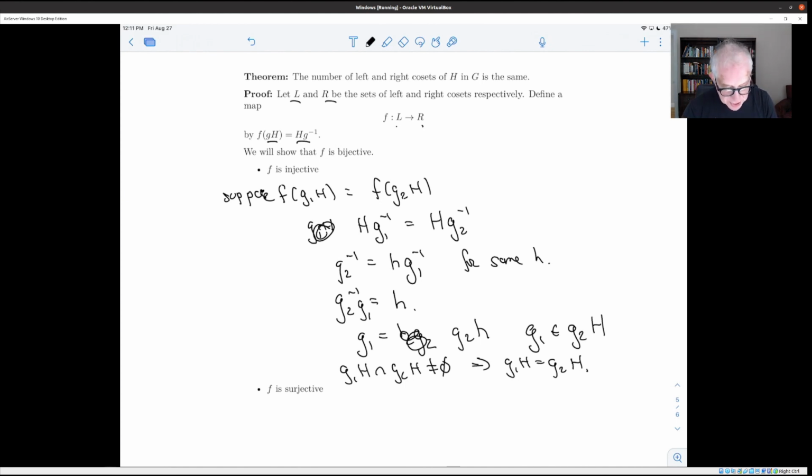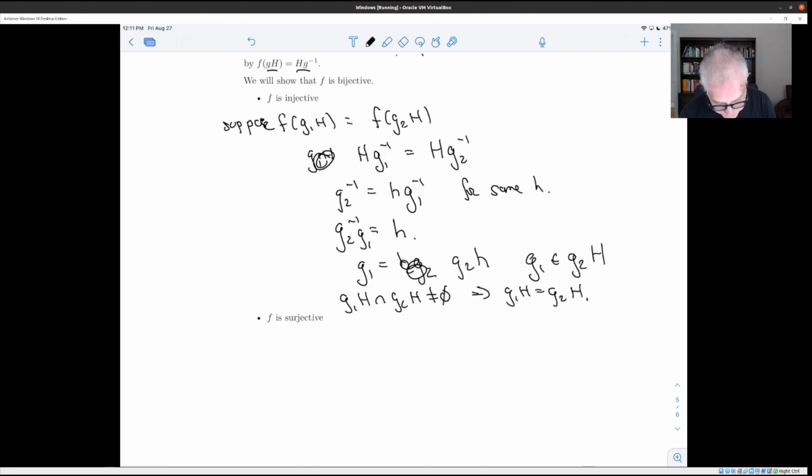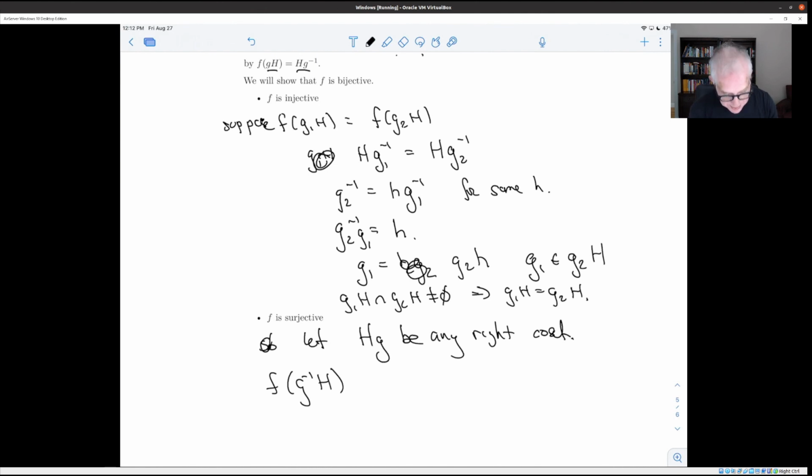To prove that it's surjective, we have to show, so let's let HG be any right coset. And then we have that f of G inverse H, which is a left coset, is by definition HG.